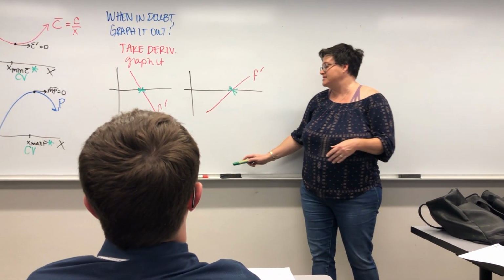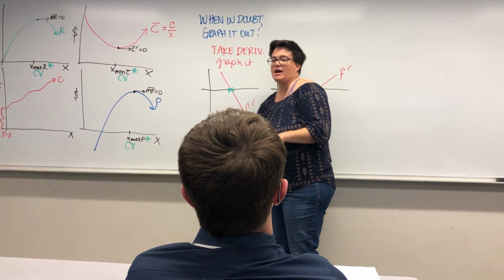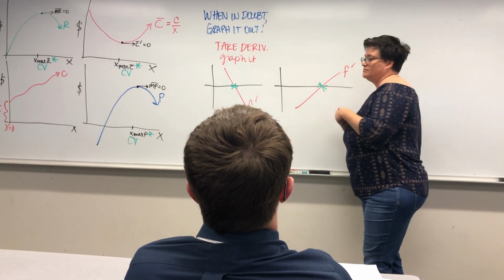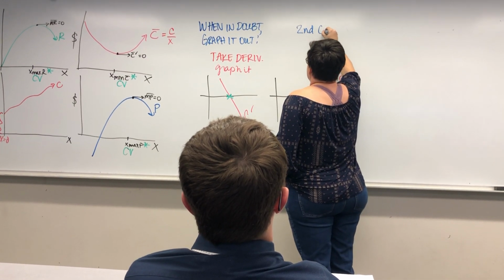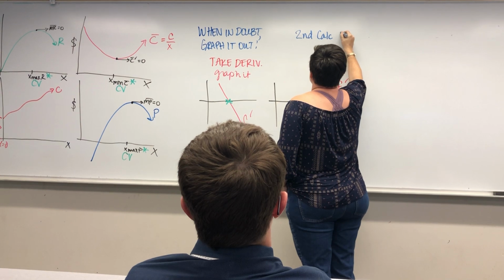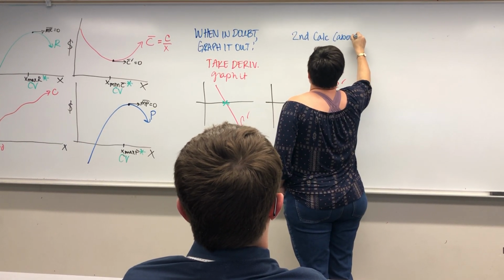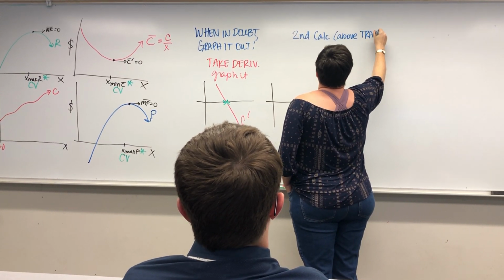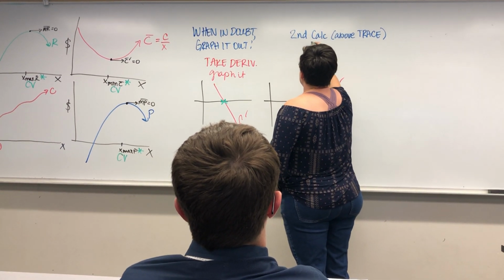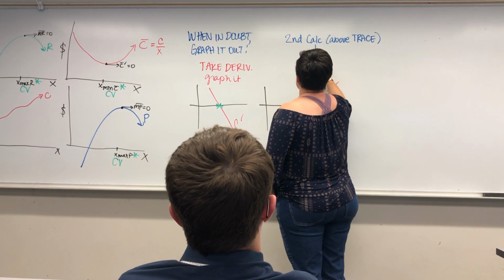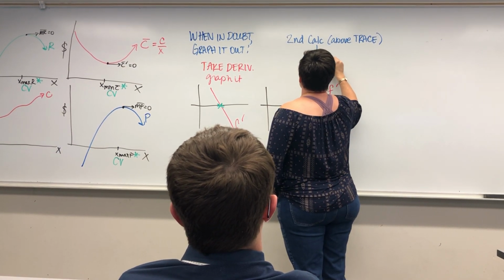So how do you find this graphically using your calculator? You guys go second, calculate, which is above trace. Okay? And you go down to 0 or zeros.